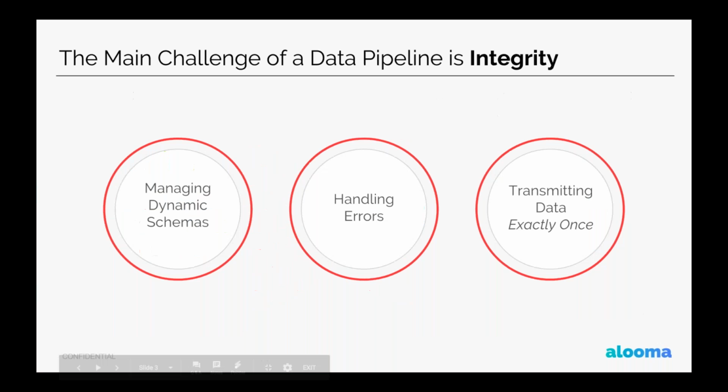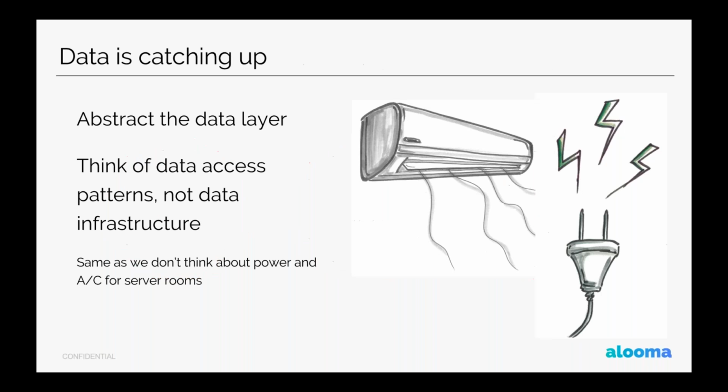And this is where Alooma comes into play. Alooma is trying to solve the main challenges of building data pipelines, and this could be how to get the data exactly once and not getting any duplicate data, how to handle errors gracefully, and how to manage the changing schemas and changing data over time.